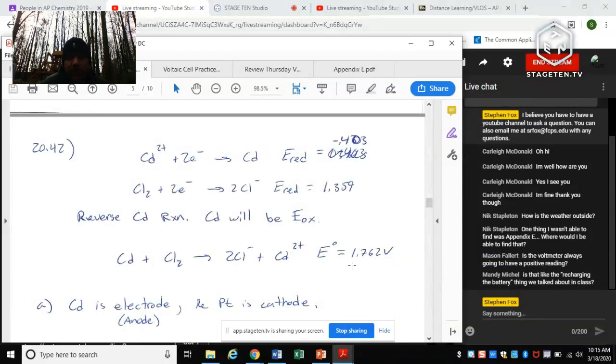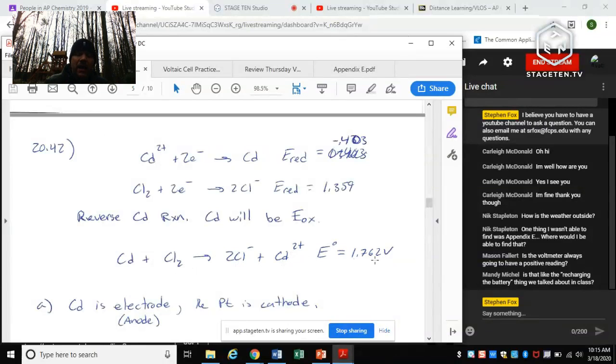And recharging the battery is plugging it in and supplying a voltage that's greater than the spontaneous voltage of the forward reaction, and that can trigger the reverse reaction. So recharging the battery is causing the reverse reaction, but the only way you can do that is supply a greater voltage than what the spontaneous reaction requires, or produces. So the spontaneous reaction for this reaction produces 1.762 volts.